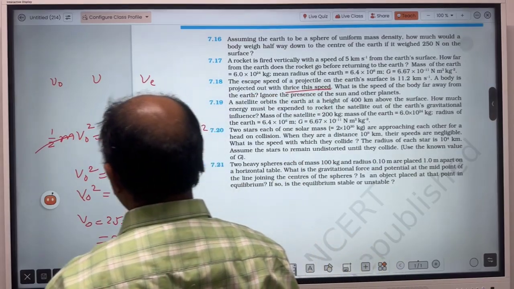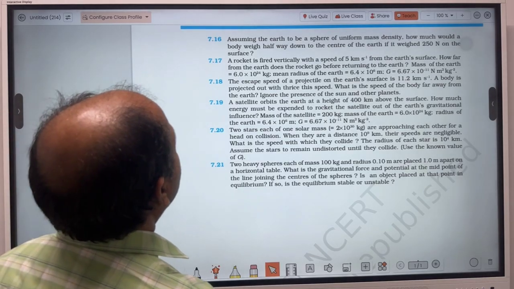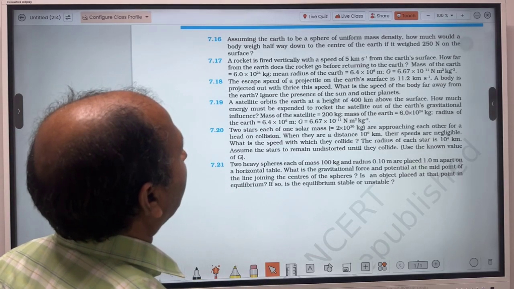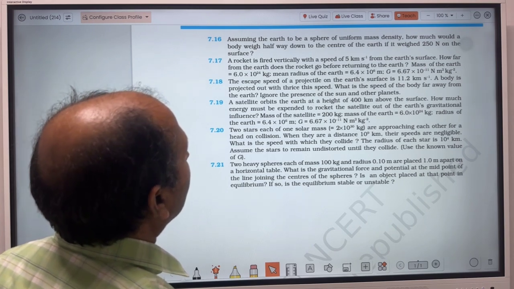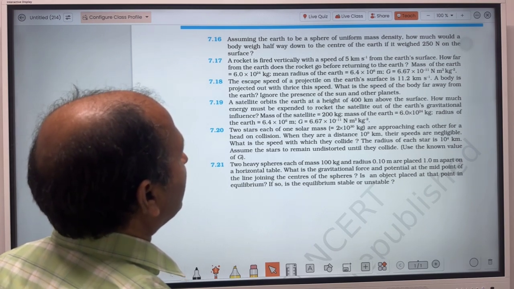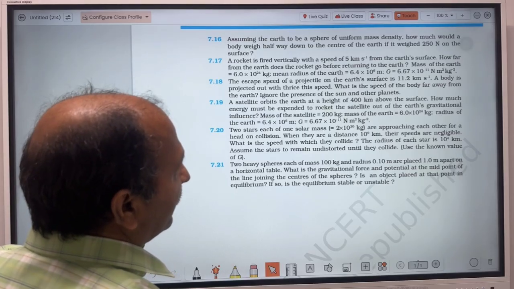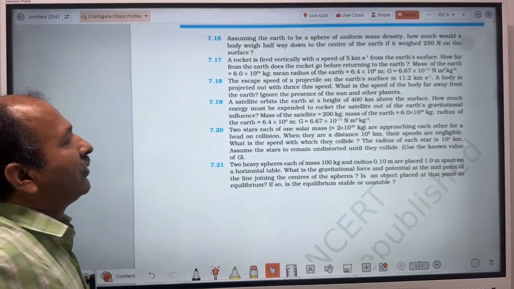Now let's go to question number 19. A satellite orbits the Earth at a height of 400 km above the surface. How much energy must be expended to rocket the satellite out of Earth's gravitational influence? Mass of satellite is given, mass of Earth is given, radius of Earth is given.